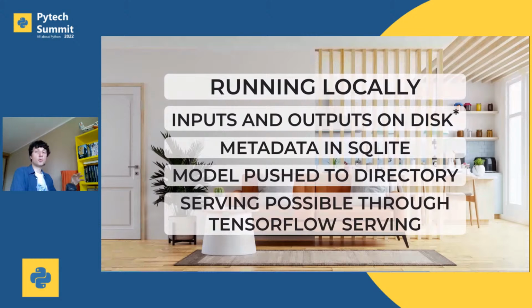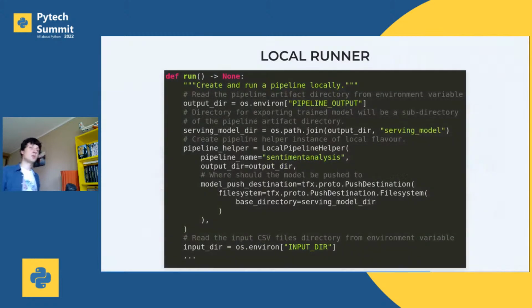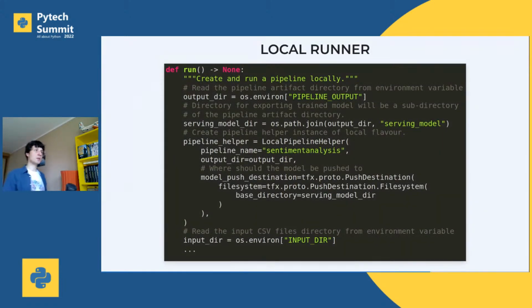The model is going to be pushed to a directory when it gets blessed. And serving is not going to be part of the pipeline. We'll be able to serve our model through TensorFlow Serving, but outside of the pipeline in the local setup.